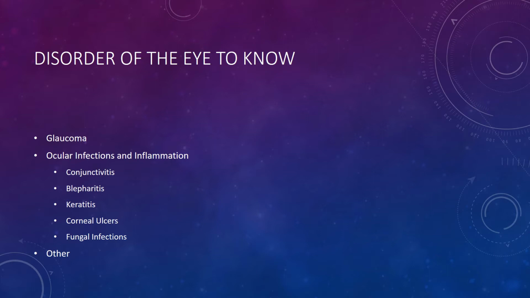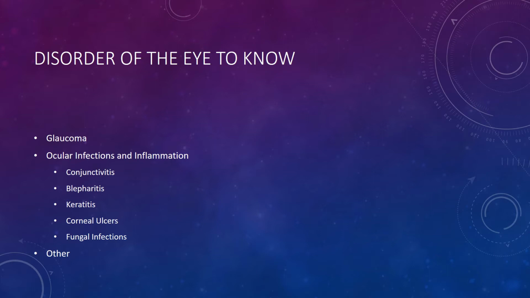Blepharitis is a chronic condition or infection of the glands and the lash follicles of the margins of the eyelids, and it usually results from seborrhea or staph infections. It can infect both the anterior or posterior structures of the eyelid and can be painful, as any inflammation is.